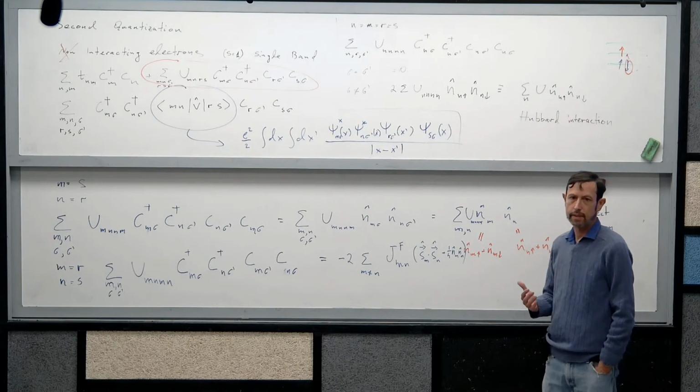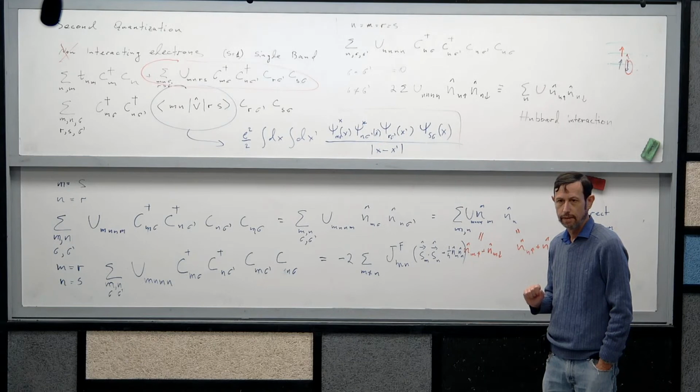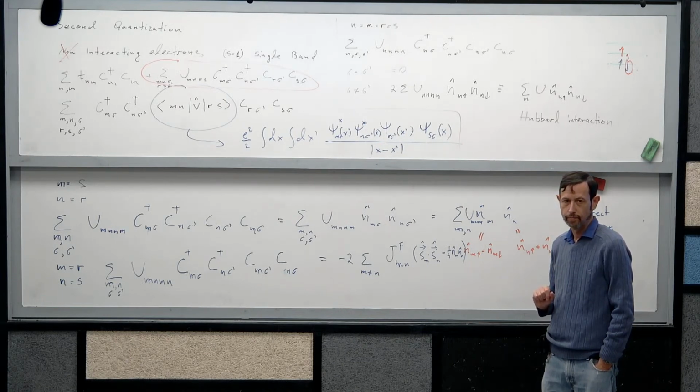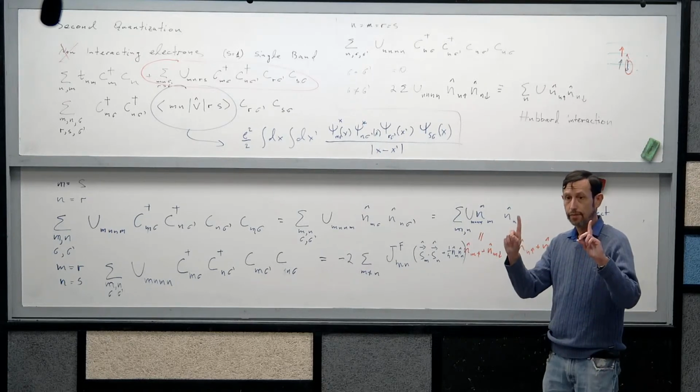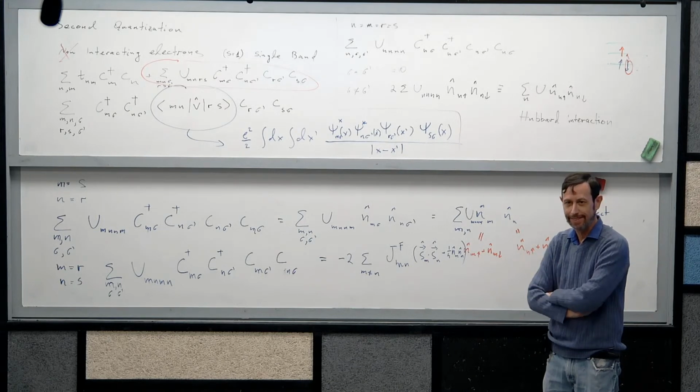This term basically tells me that if I take only Coulomb interactions, what will be the magnetic state? If I lose energy for being parallel and gain energy for being antiparallel, what will be the ground state? Ferromagnetic.